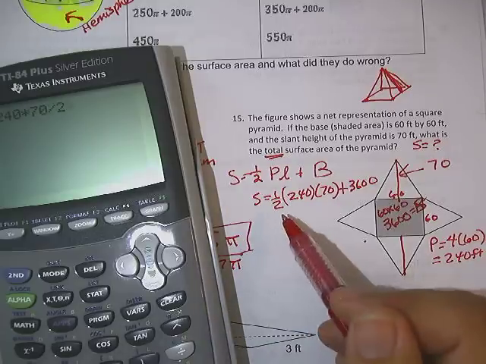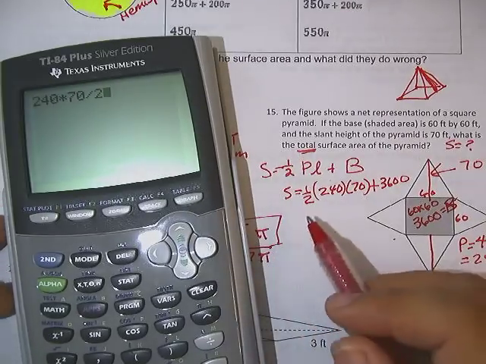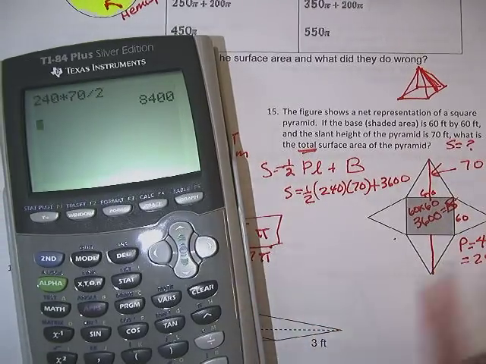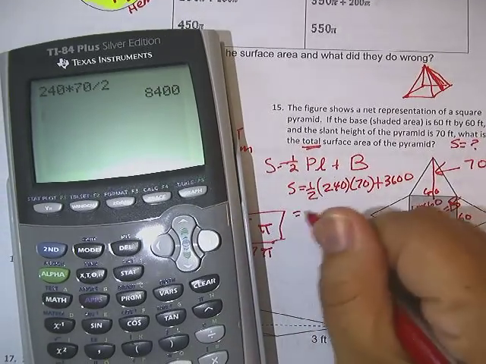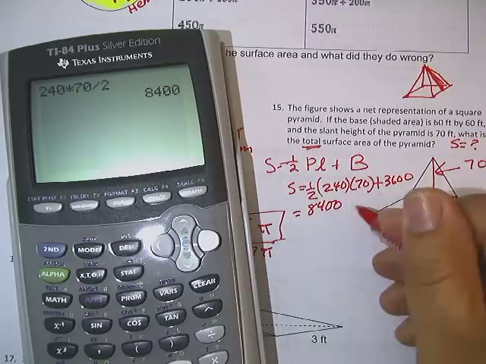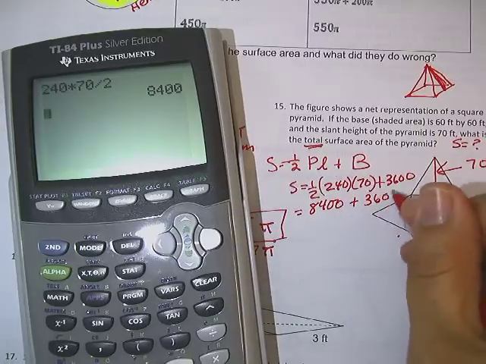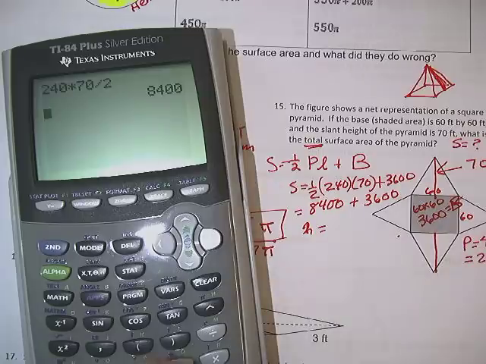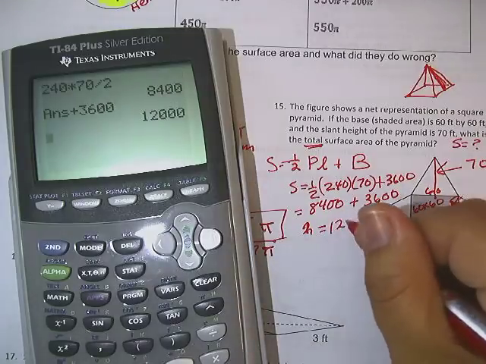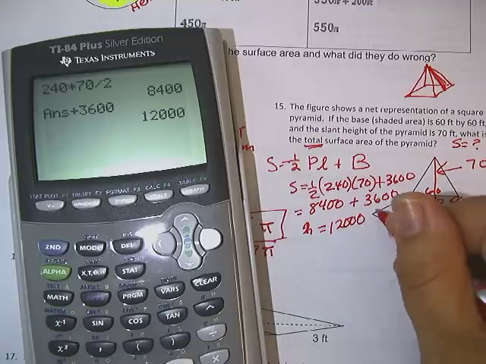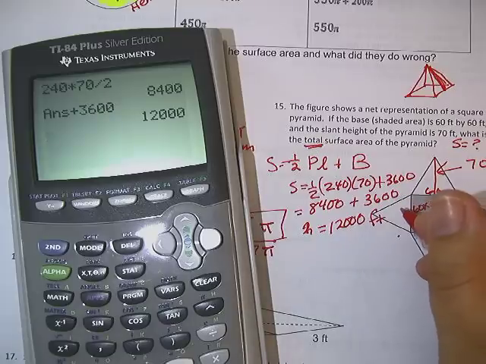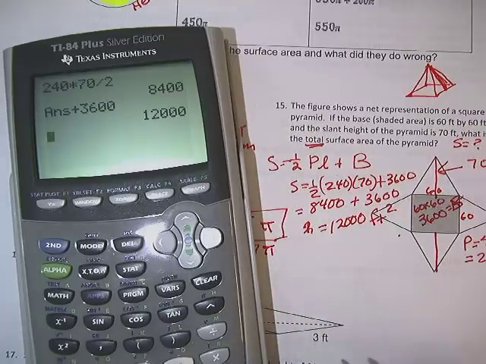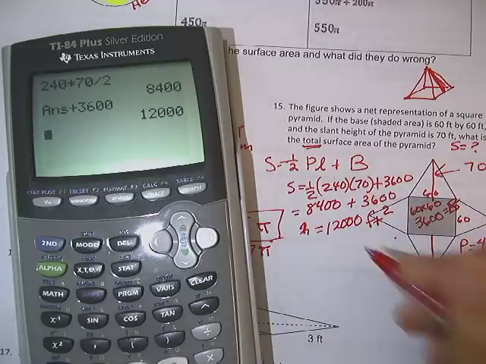I think it's easier to divide by 2 than it is to multiply by 1/2. I get 8,400 for the first part, but I also have the 3,600. So when I add those two together, plus 3,600, I get 12,000. And is that feet, feet squared, or feet cubed? Remember, area, square units.